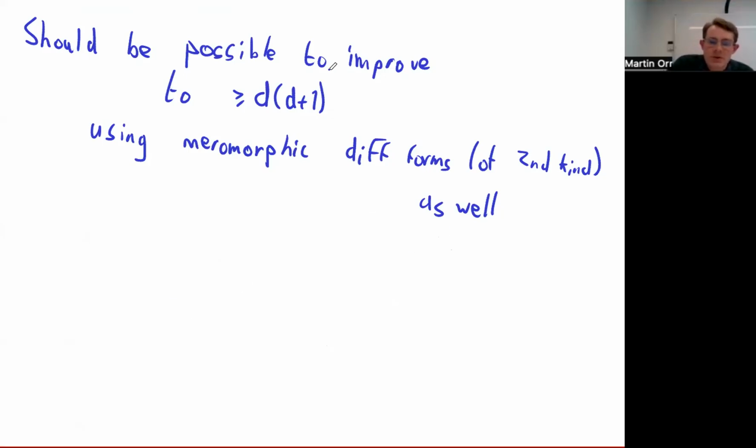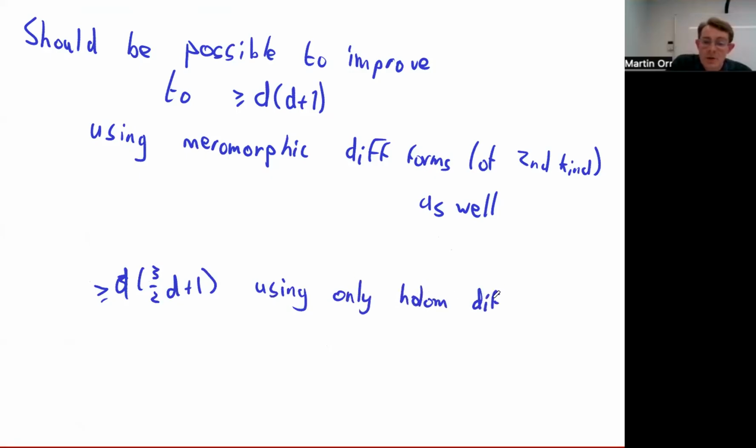So for these numbers, D times D plus 1 or D times 3 halves D plus 1, using only holomorphic differential forms, you can check that you can't possibly do any better using this method, at least assuming the Grothendieck period conjecture is true.